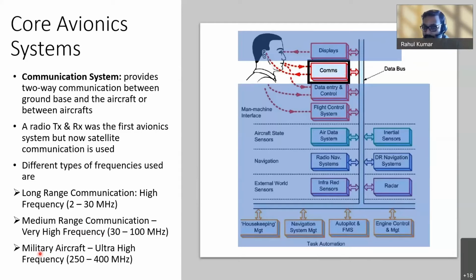And for military aircraft, you have a dedicated frequency band. They use ultra high frequency around 250 to 400 megahertz. Again, we are going to study the different communication systems in detail in our future classes.